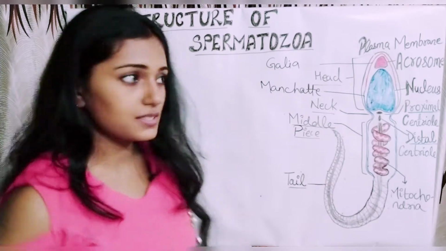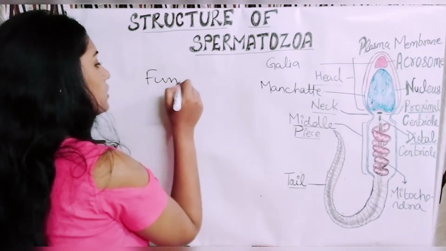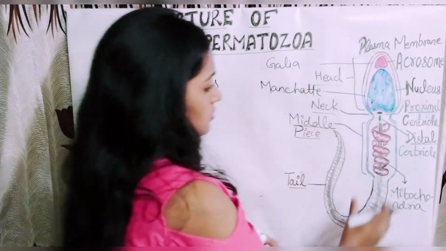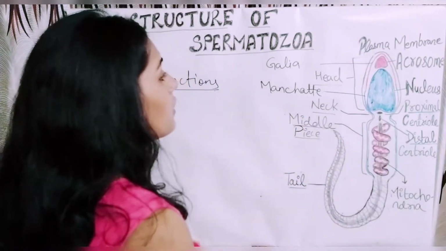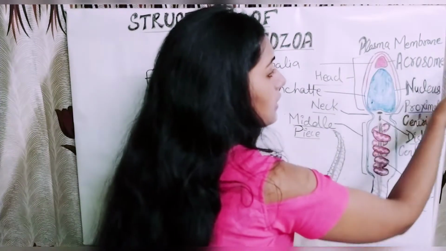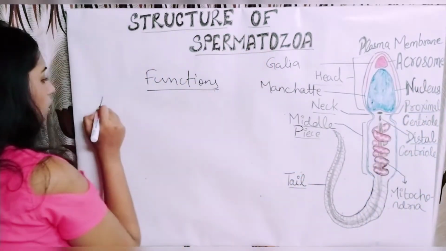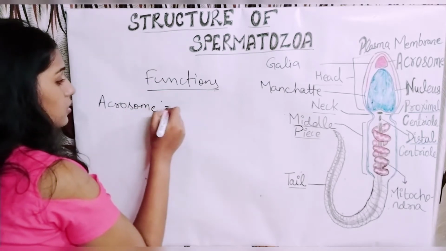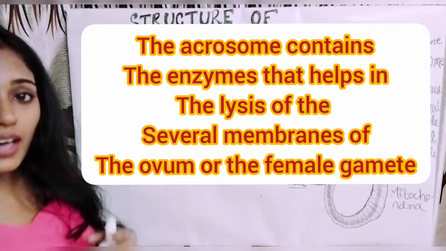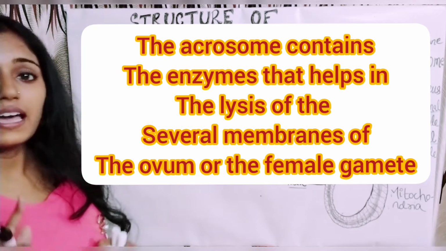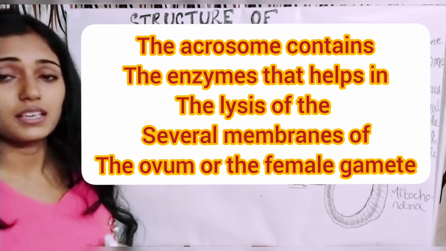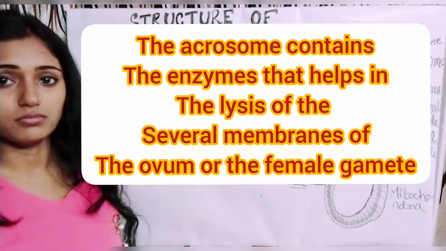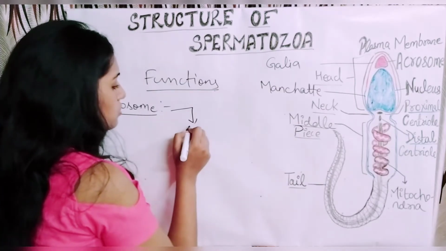So now we will discuss the functions of different parts of the spermatozoa. First one is the acrosome. The acrosome contains the enzymes that help in the lysis of the membranes of the ovum. It secretes two enzymes.